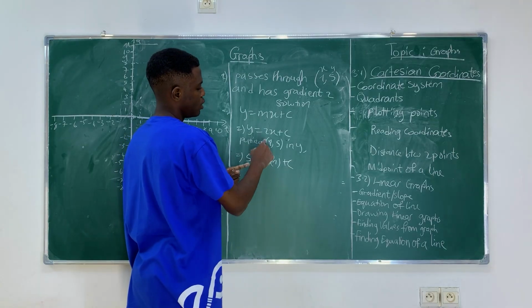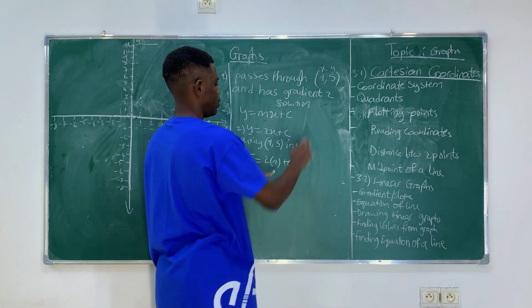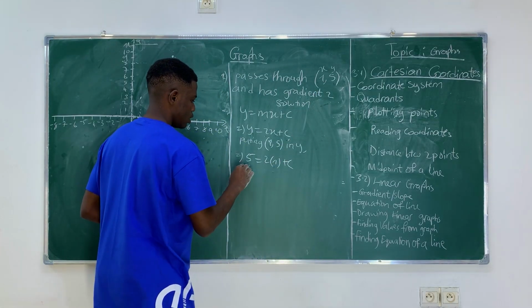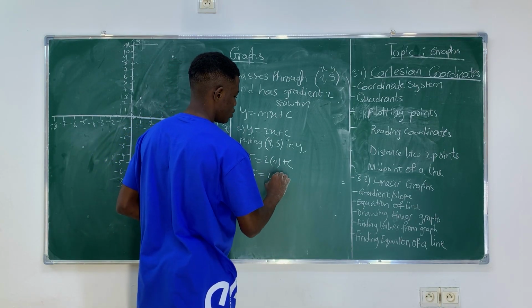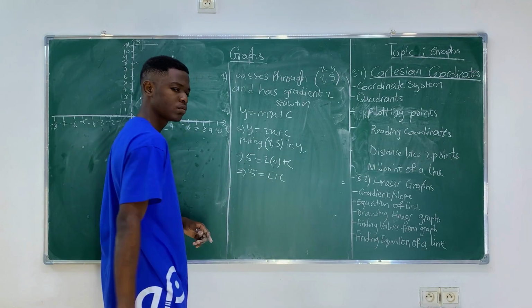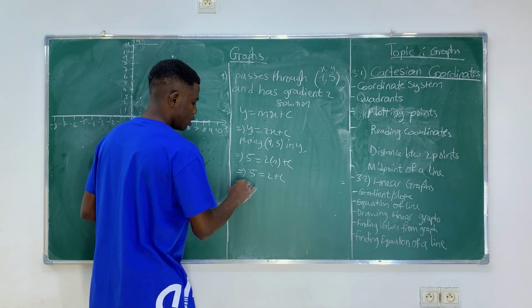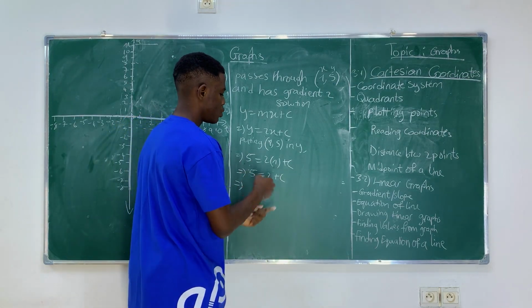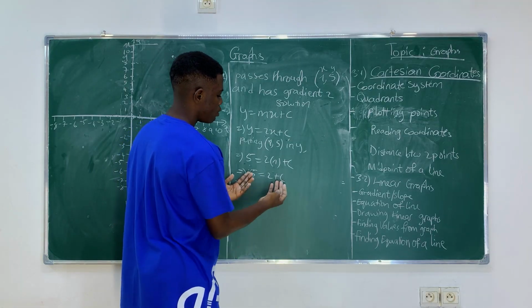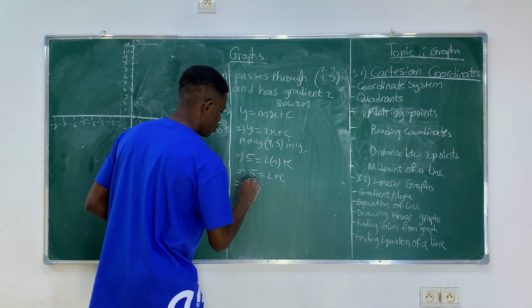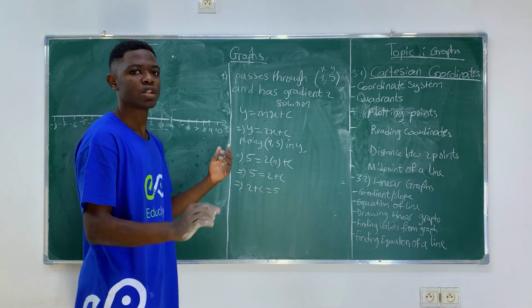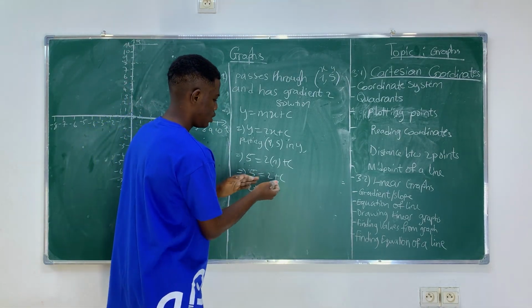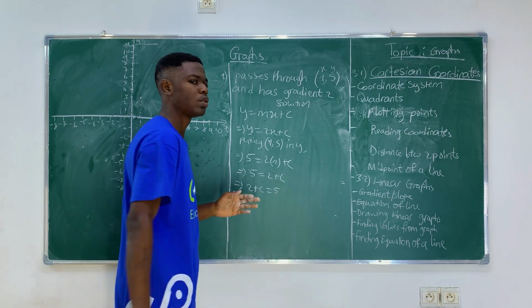So 5 equals 2 into 1, x is 1, plus c. Which implies 5 is equal to 2 plus c. 2 times 1 is 2.